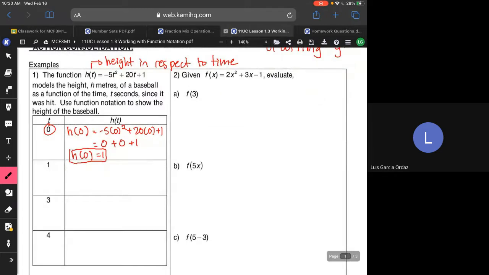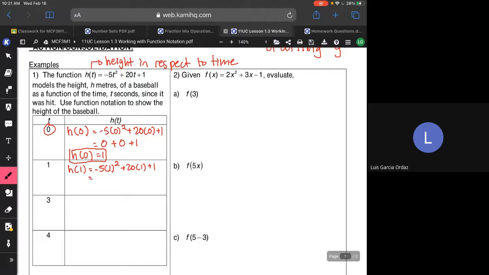Okay. So now the next one we have is t at 1. So how would I write that as function notation? Jade? Yep. H bracket 1. And now I replace all the t's with a 1. Perfect.